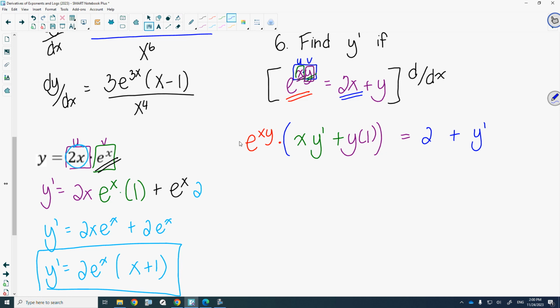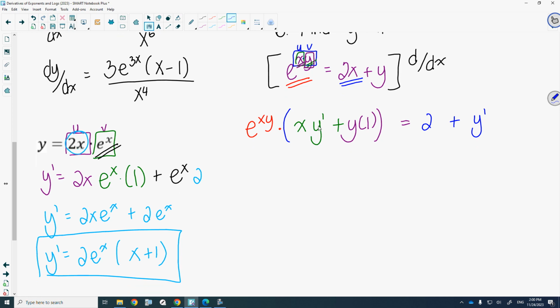Okay, what we want to do is eventually get our y primes on one side of the equation, but let's get rid of this bracket by distributing in this e to the xy.